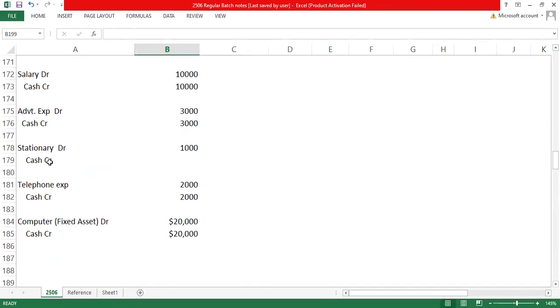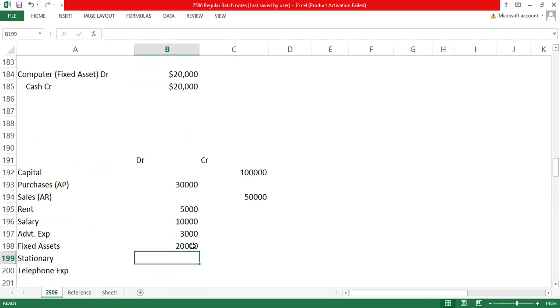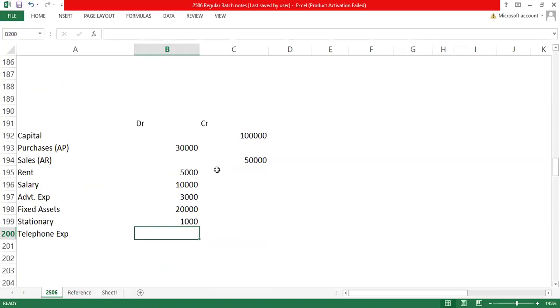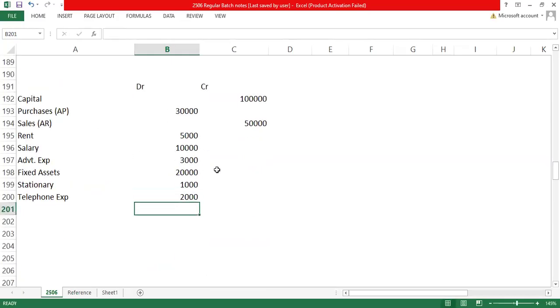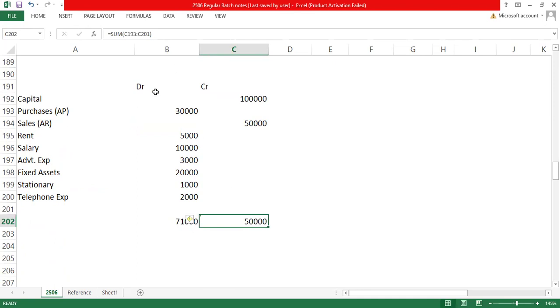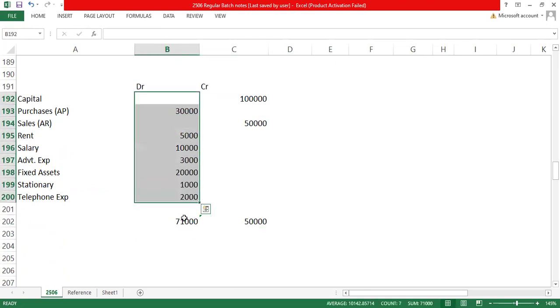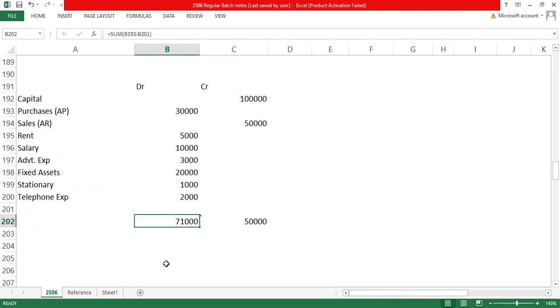And stationery we have 1,000. Telephone expenses 2,000. These are all debit balances. If I make a total of this, let me keep this as 0 here. There is nothing to add there, just to make the total easy. Now, if I calculate total debits, I have 71,000 of total debits.